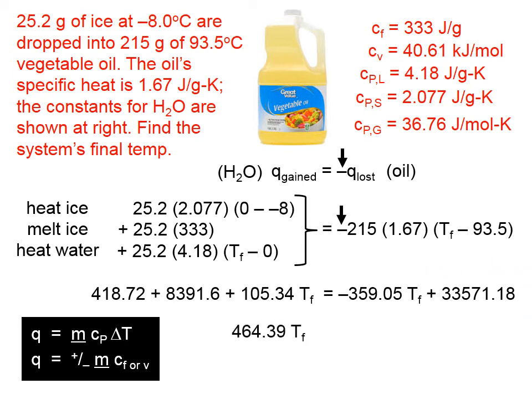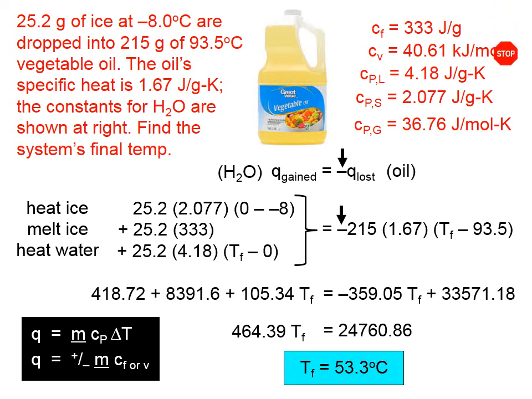If we combine the terms, we get 464.39 T sub f on the left side, and on the right side we get very nearly 25,000. Divide both sides by the 464 number, and sure enough we do find that water ends up in the liquid phase.